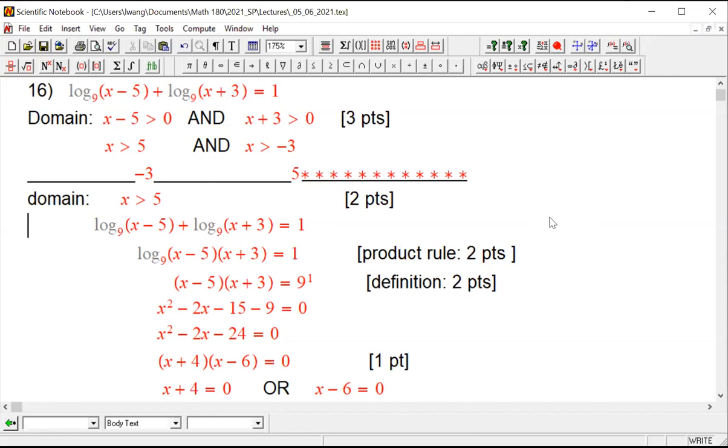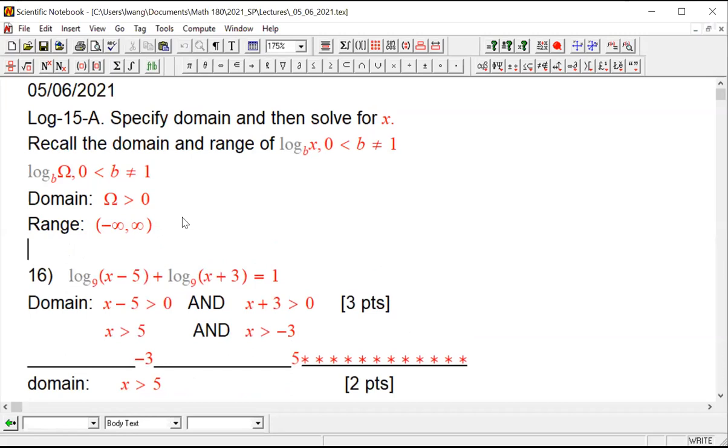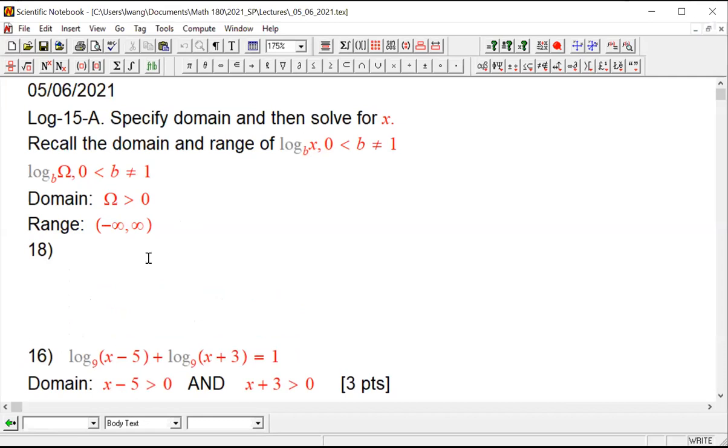But anyway, let's look at number 18. I chose some questions, so we're not doing them one by one, but we touch on a variety of issues. For this kind of equation, how many solutions do we expect?